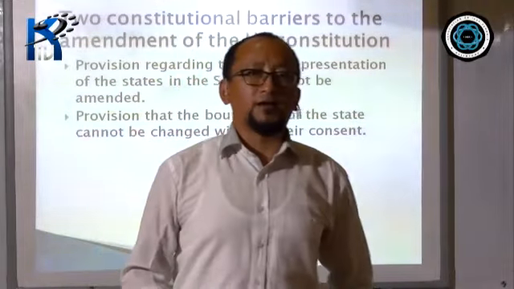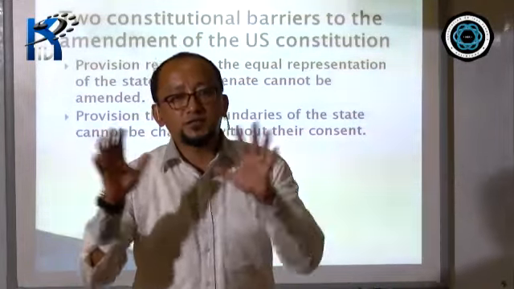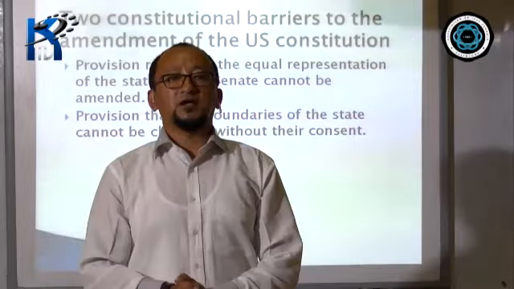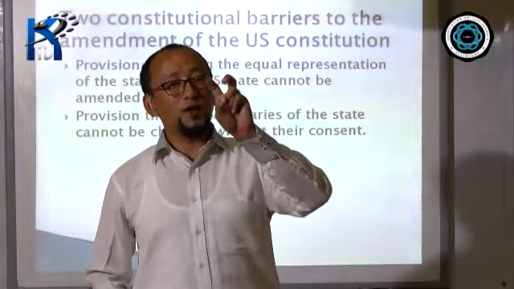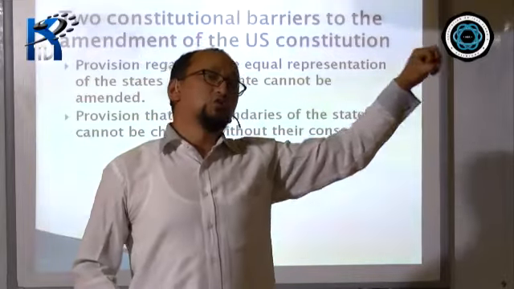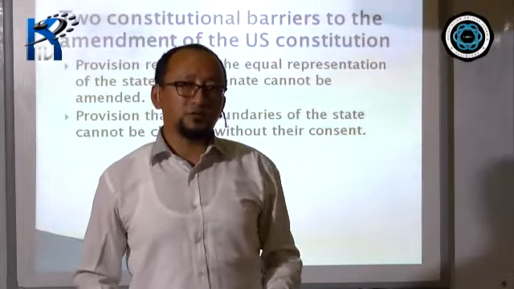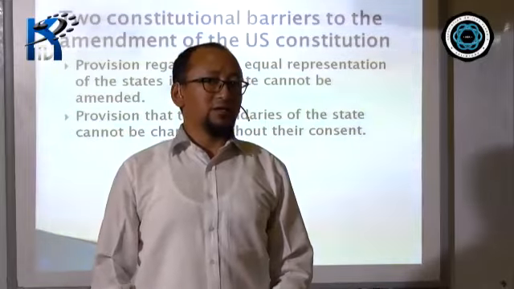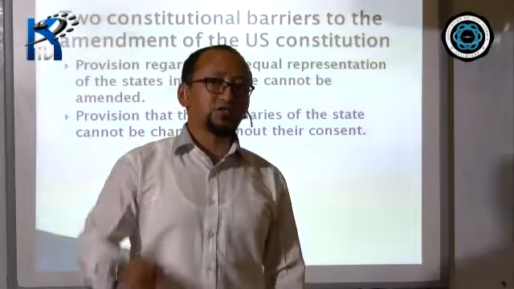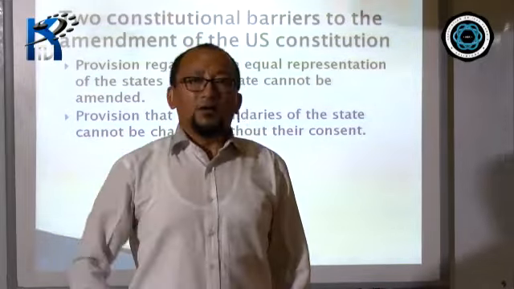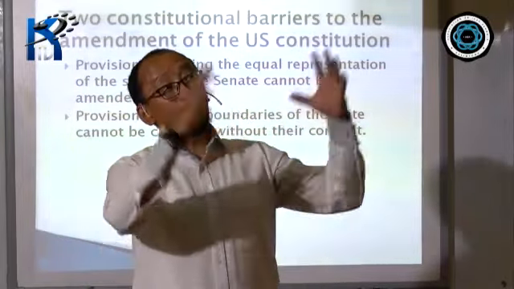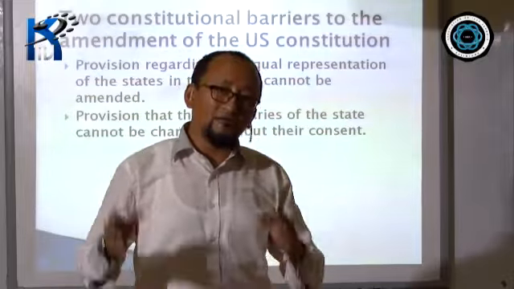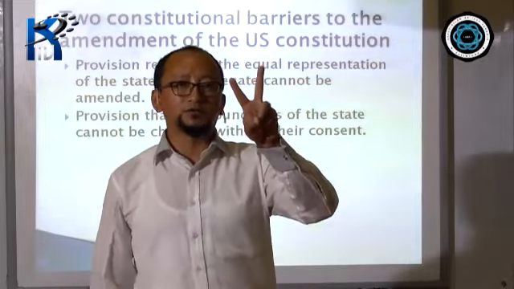Let me tell you very frankly, in America there are 50 states, and from every state, 2 members are elected to the US Senate, that is the upper house. That means every state has representation of 2 members to the Senate, keeping aside the size of the state. The state may be big or small, it doesn't matter. Every state will have to send 2 members, okay?